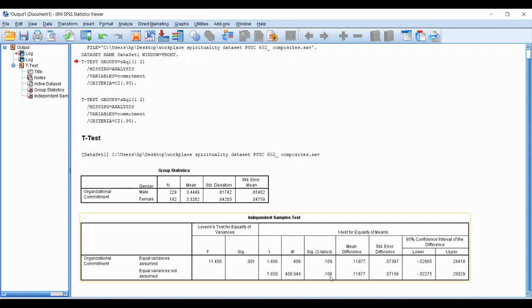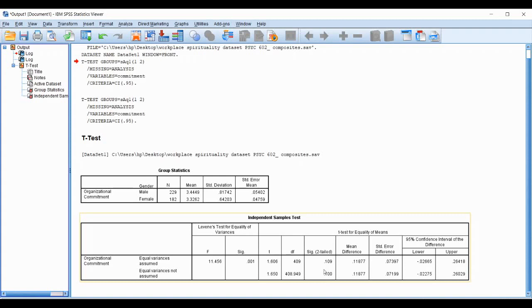Always, when the p-value is less than or equal to 0.05, it means that there's a statistically significant difference between the groups. When it is greater than 0.05, it means that there's no statistical difference between the groups that we are comparing.